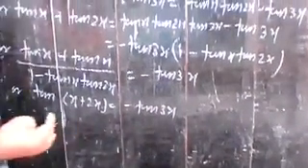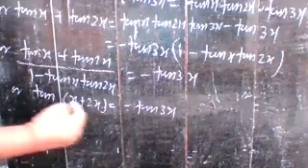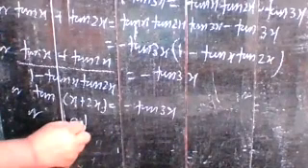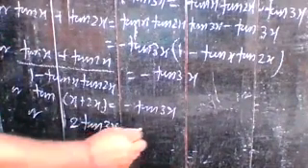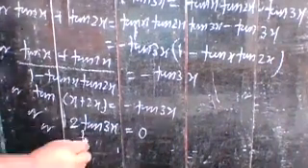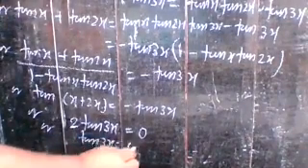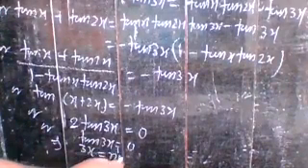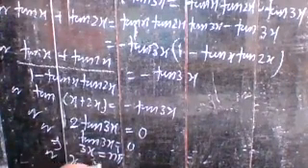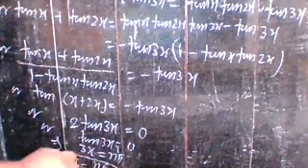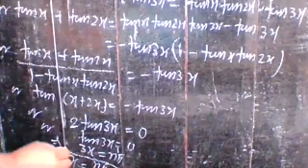And that is equal to tan 3x. So overall you have 2 times tan 3x is equal to 0, or tan 3x is equal to 0. And if tan 3x is 0, this implies 3x is equal to n pi, or x is equal to n pi by 3. So that is your solution.